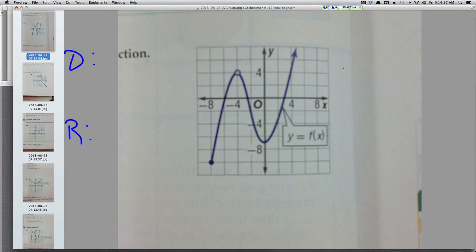All right, Chris, what's a starting point on the domain as we go left to right? Where would I start? Where's the x value on the left? And if I draw a vertical line through it, it'll touch the graph. Because there's some x values on the left that won't touch.